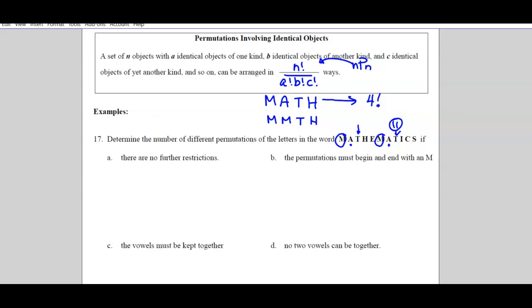It gets complicated if there's repeats and you're not using all of them. In any case. So in this, normally if they are all different letters, it would be 11 factorial. But now we have repeats. So we're going to divide by 2 factorial for the M's, 2 factorial for the A's, and 2 factorial for the T's. We're just going to leave it like that. You can figure out the actual number if you want.